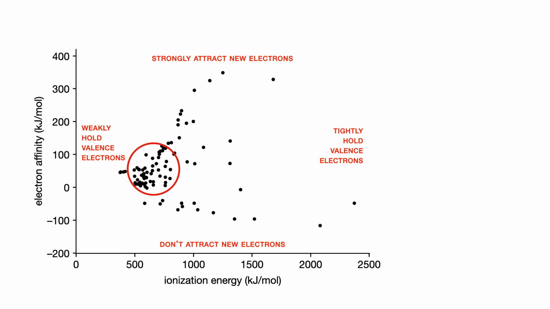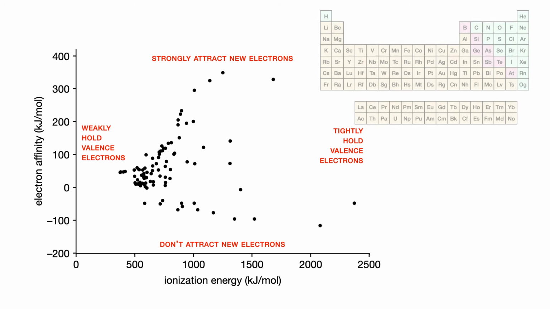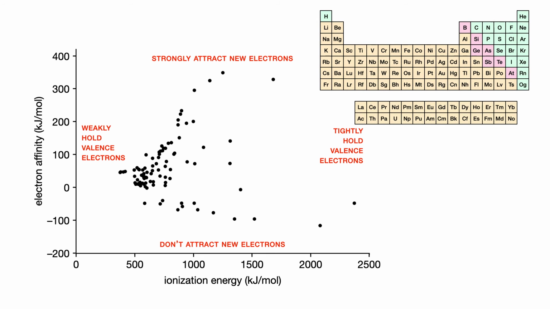And we can get some more insight into what's going on here if we color code the atoms based on where they are in the periodic table. So if we make the metals yellow, the metalloids purple, and the nonmetals green, this is what we see. And there's a striking pattern here that all of the metals on the periodic table are on the left side of this graph.